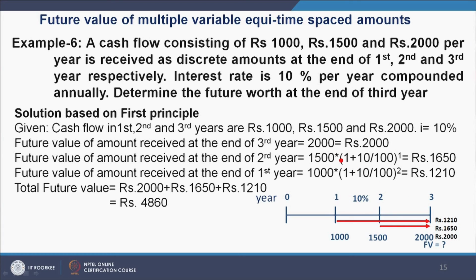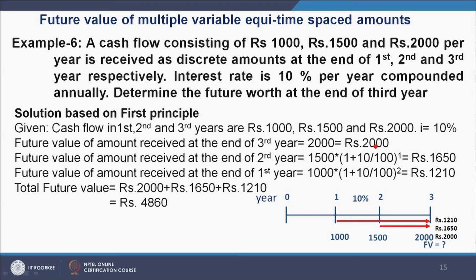Now, at the end of second year this will earn interest for only 1 year. So, this is 1500, 1 plus 10 divided by 100 to the power 1 is equal to 1650, and the investment which is done at the end of first year, it will earn interest for 2 years. So, this is 1000 into 1 plus 10 divided by 100 to the power 2, this is 1210.